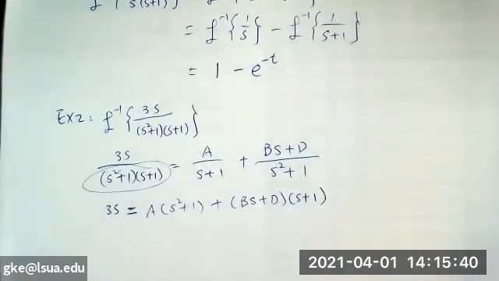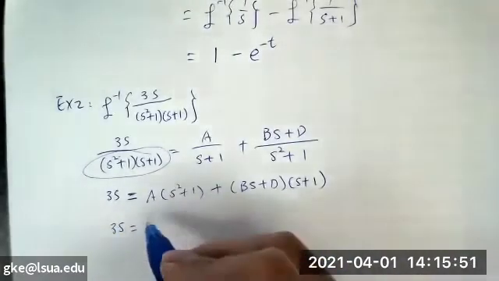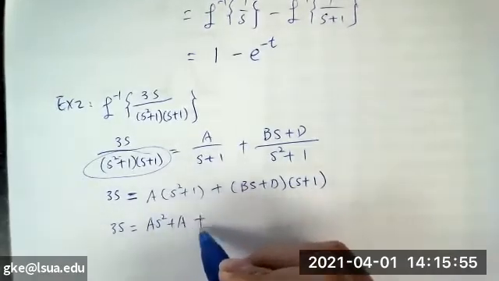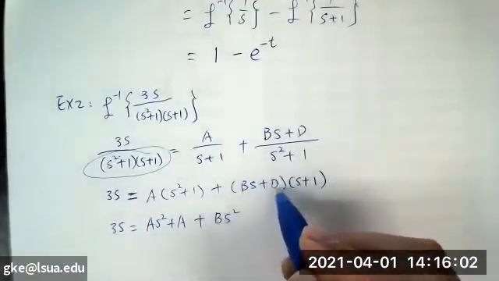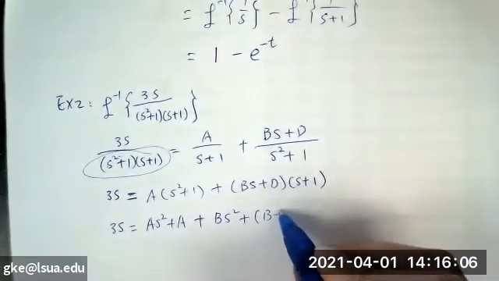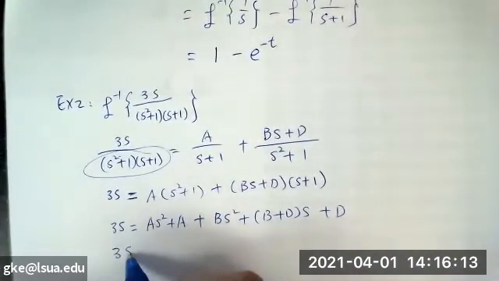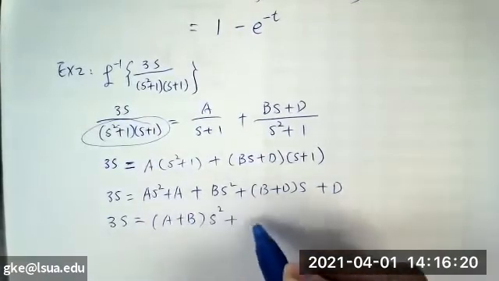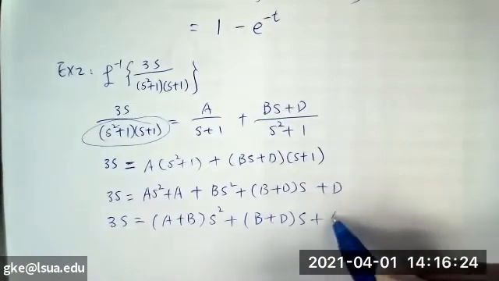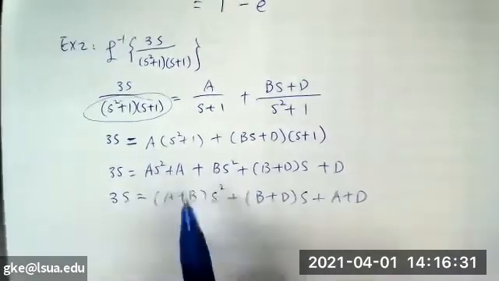Then we're gonna do the distribution. We're gonna have 3s equals A times the distribution, A s squared, plus B plus D, s, plus D. Okay, so we can combine the terms: A plus B, s squared, B plus D, s, A plus D. Now you have these three coefficients, right?